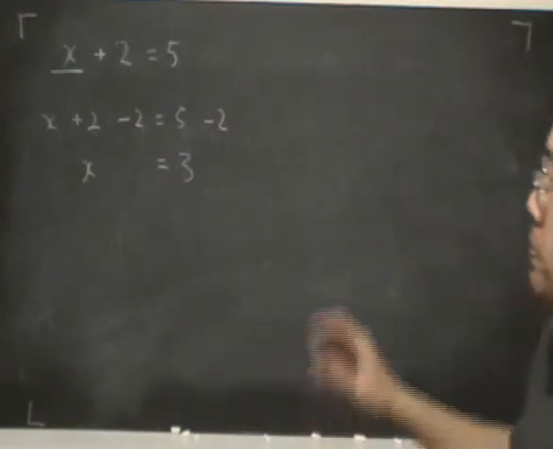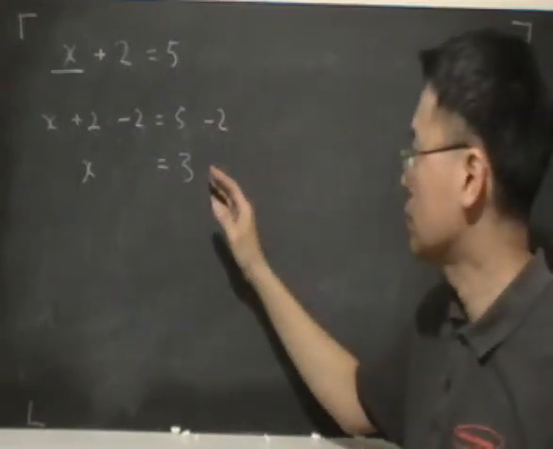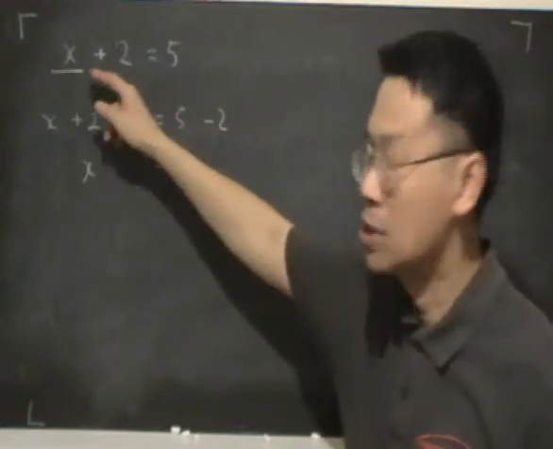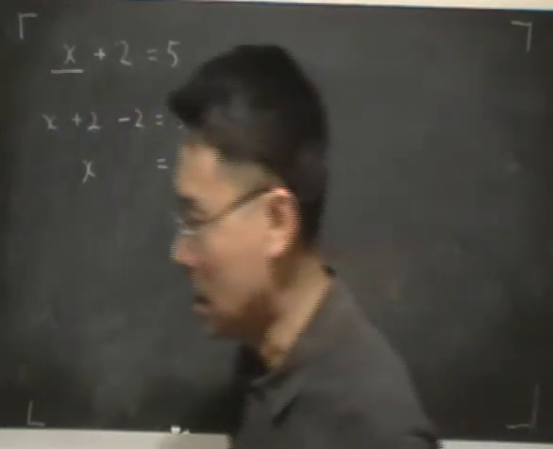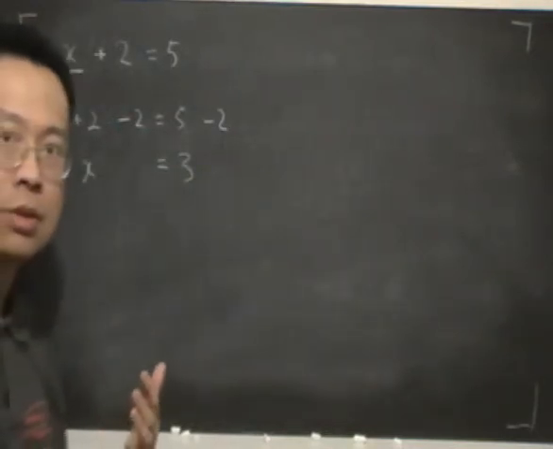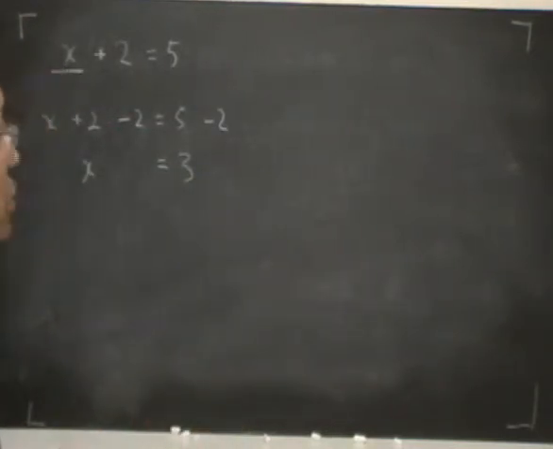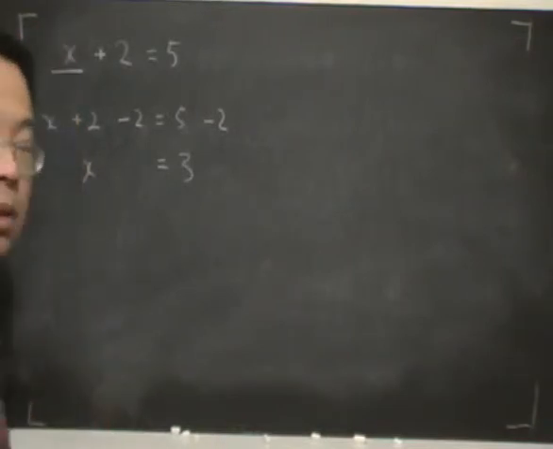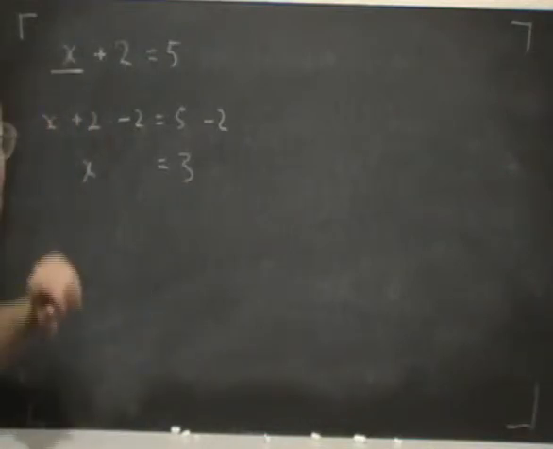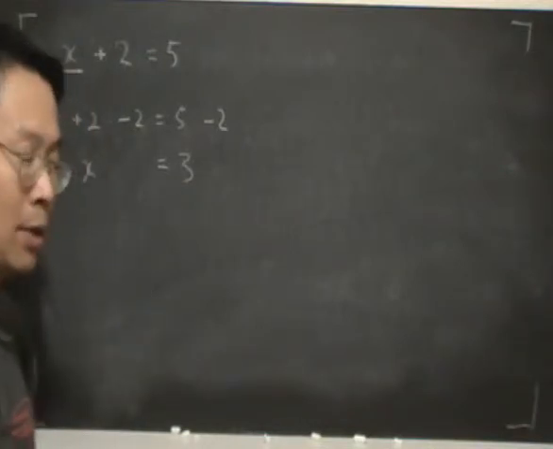We have x equals 3, which we know is the answer. So it seems like a rather abstract and complicated way of getting the answer when we already know that the answer is 3 just by looking at this blank up there.